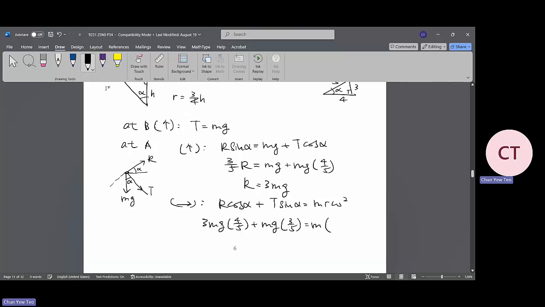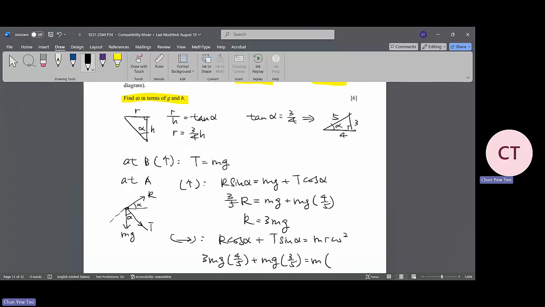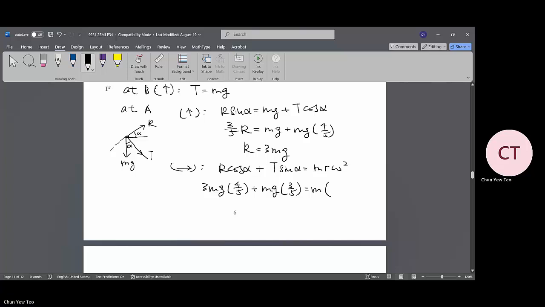Just now, the r was found as 3 over 4 h. Cancel the m. Join together. You get 3 over 4 h omega square is equal to 15 over 5 g. 15 over 5 is 3.